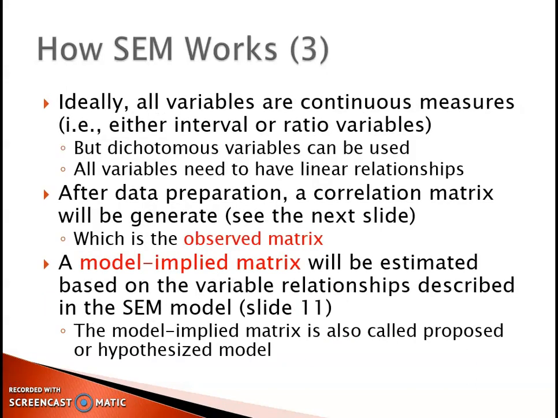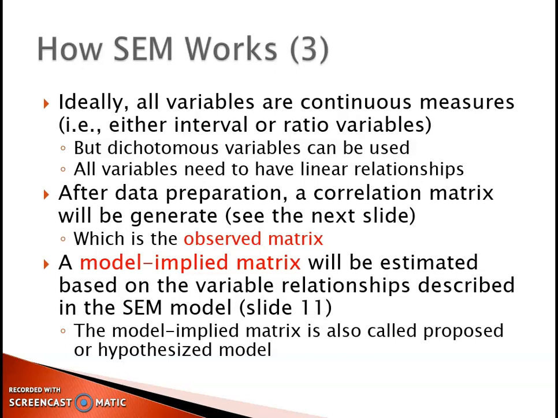Because SEM is one of the linear modeling techniques, the variables you choose to measure the latent factors are better to be continuous variables, but sometimes you can include dichotomous variables in a SEM model. Okay, let's see.